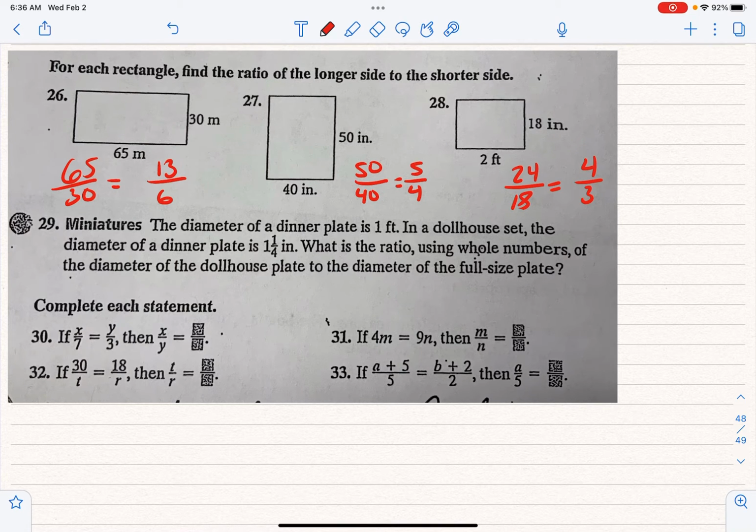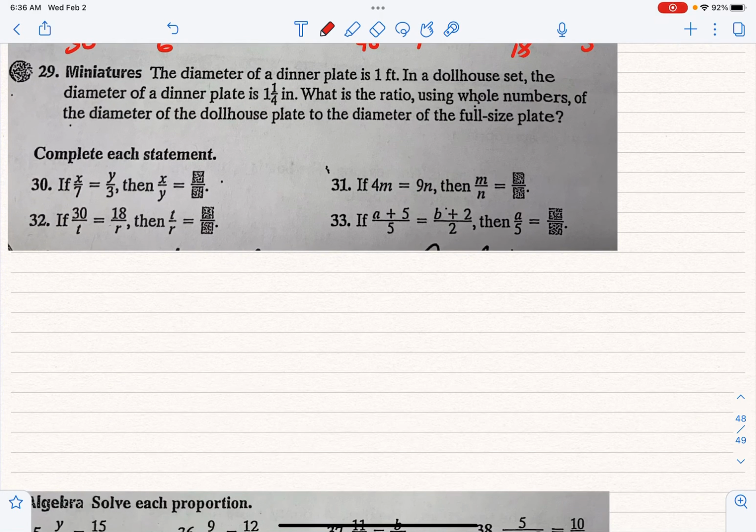All right. Number 29 says the diameter of a dinner plate is 1 foot, but in a dollhouse, the diameter is only 1 1/4 inches. What is the ratio using whole numbers of the diameter of the dollhouse plate to the diameter of the full-size plate? Well, for that one, you'd say, well, it's 1 1/4 is to 12 inches. Okay, but it doesn't want us to do that.